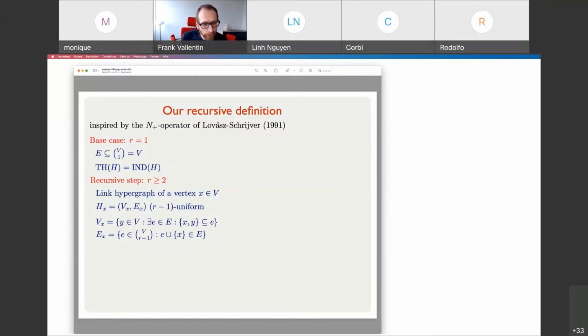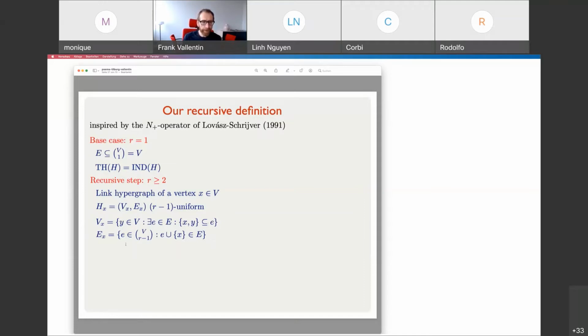The set of new vertices V_X are all vertices Y in the original hypergraph so that X and Y together are contained in some edge. So we select some of the vertices, not all of them: we only select those where X and Y lie in some common edge.